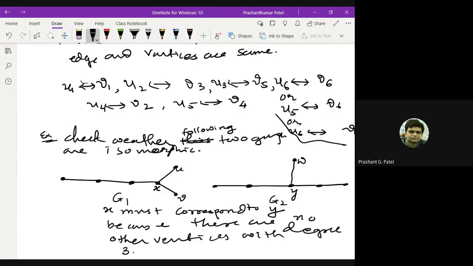But in graph G1 there are 2 pendant vertices, and in graph G2 there is only 1 pendant vertex. And this is the reason why these two graphs G1 and G2 are not isomorphic graphs.